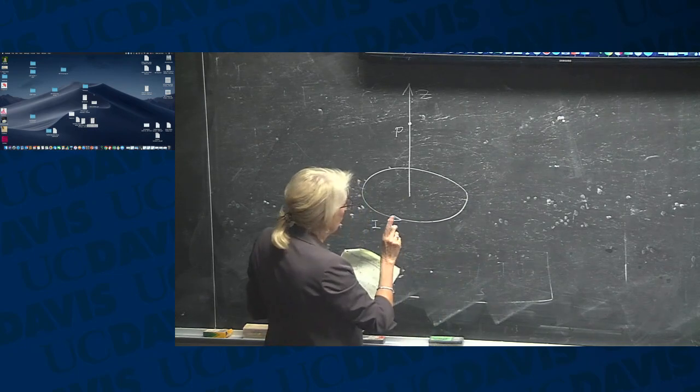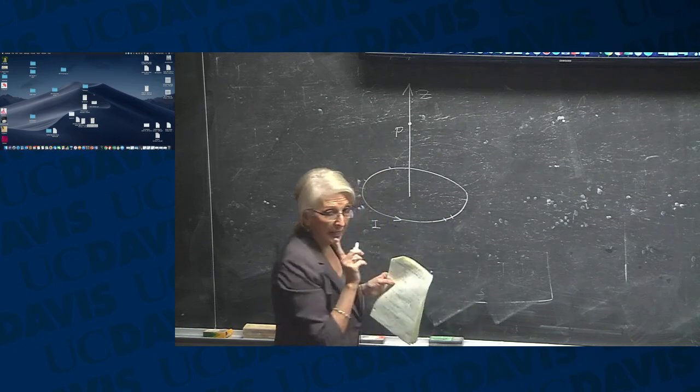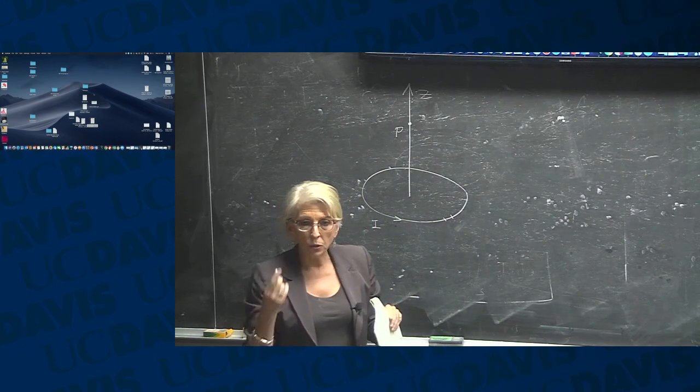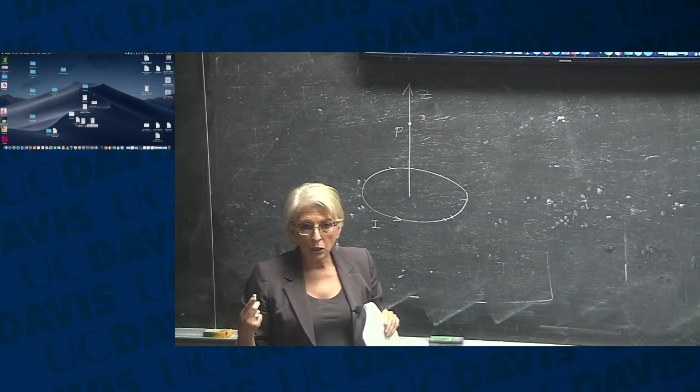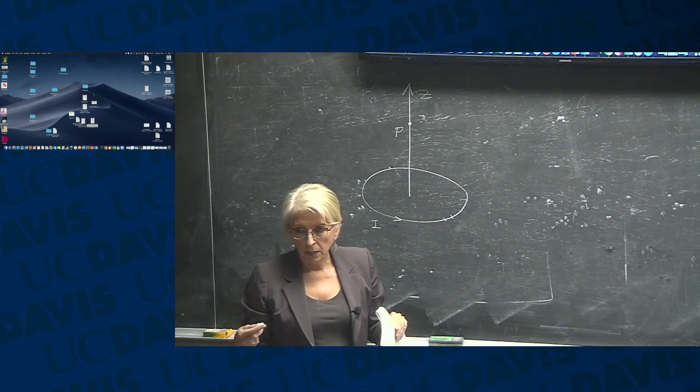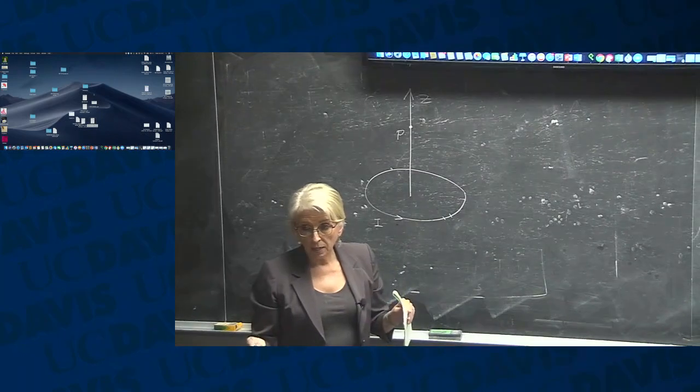Okay, what we do is that we take a short section. Now, in this case, we cannot use Ampere's Law. It's not going to get us anywhere. What we want to use here is the Biot-Savart Law.